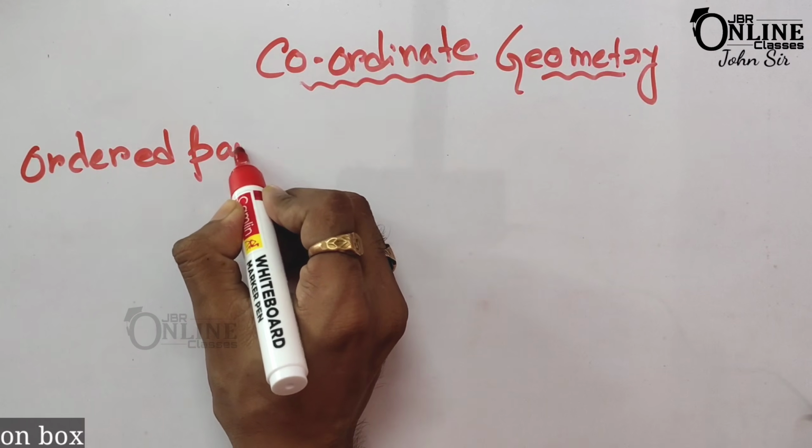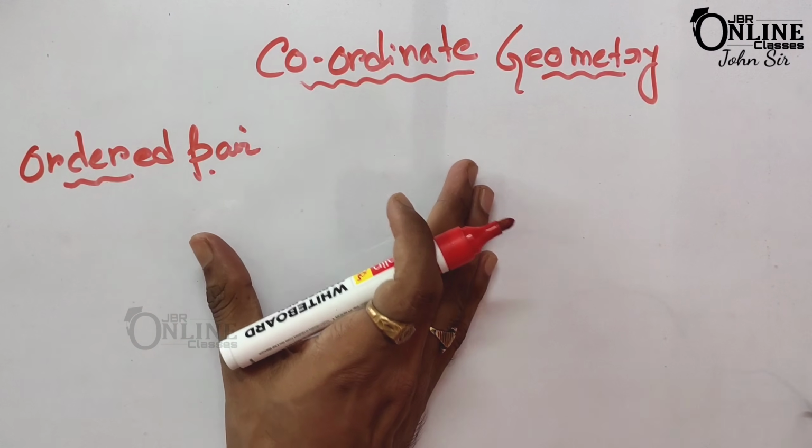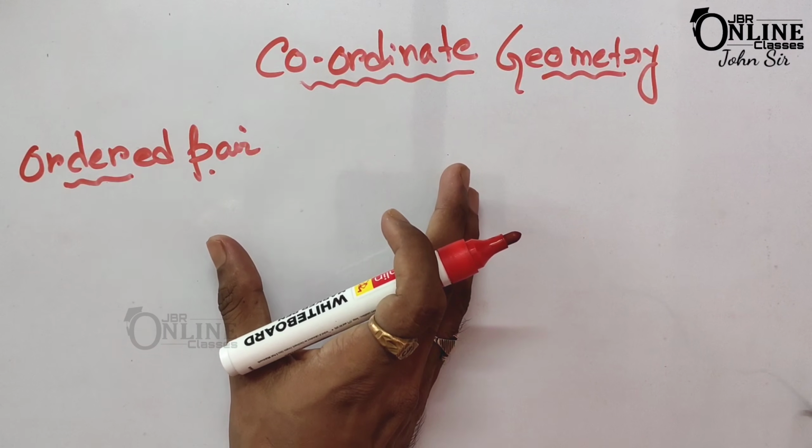What is an ordered pair? An ordered pair is a pair of objects taken in a specific order.